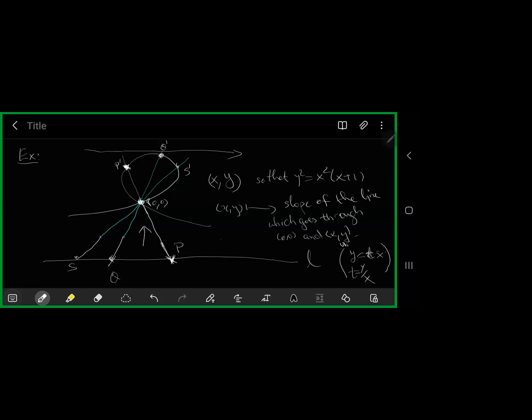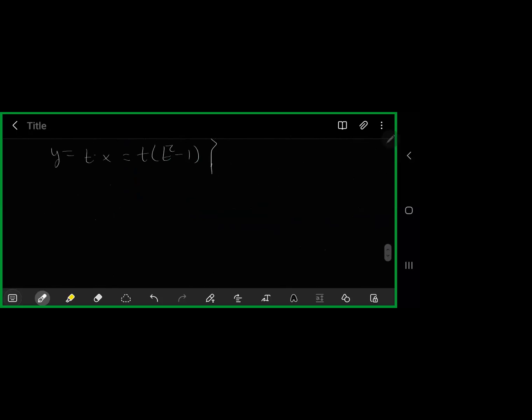And I've effectively changed my curve in a way that gets rid of the singularity. And this is called resolution of singularity. And resolution of singularities is really important for many things.